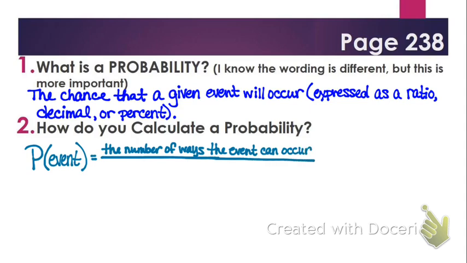In the numerator, the number of ways that what I'm interested in happening can indeed happen. Down on the bottom, we have the total number of possible things.